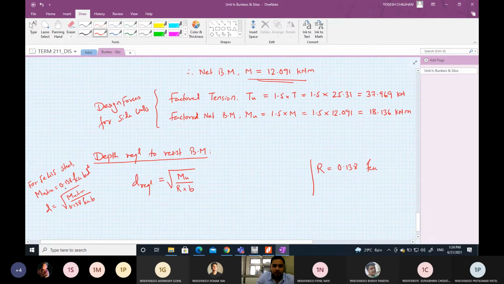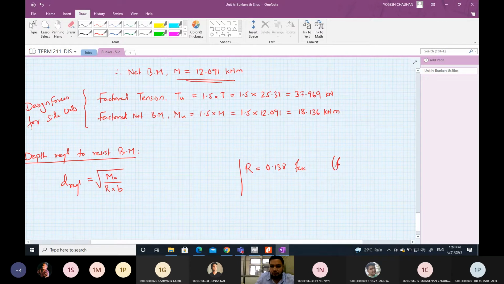So we are replacing this term 0.138 times fck as R, which accounts for the depth. So in this case it is 0.138 fck for Fe 415.